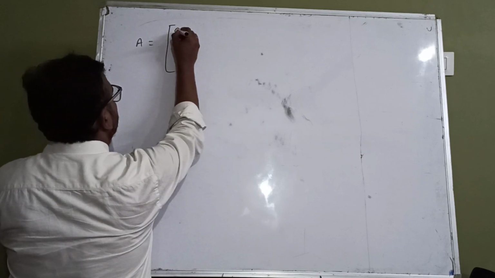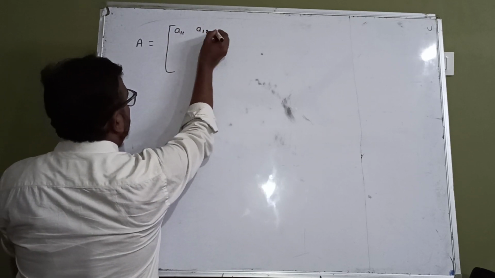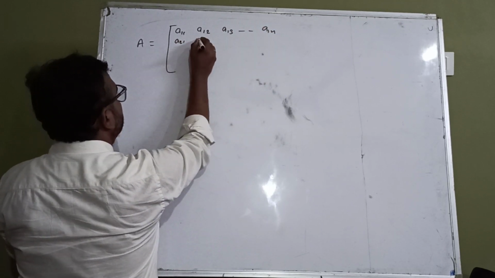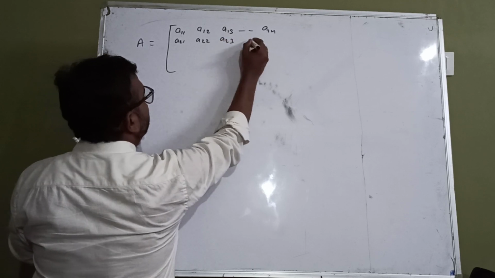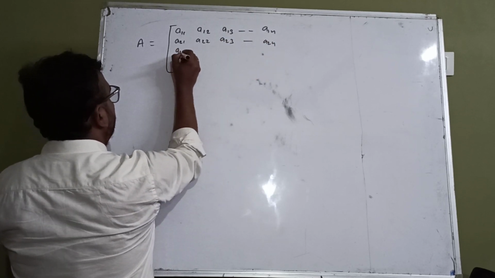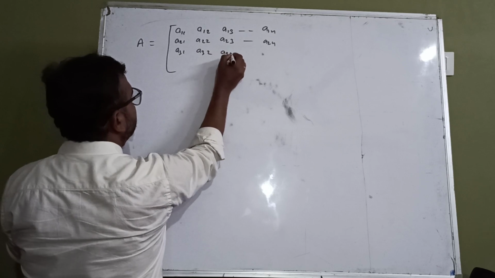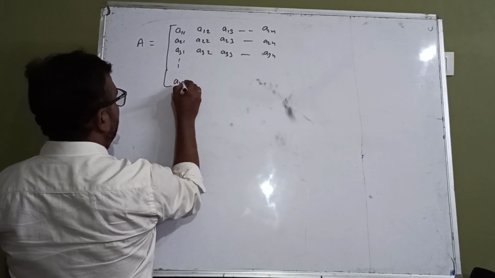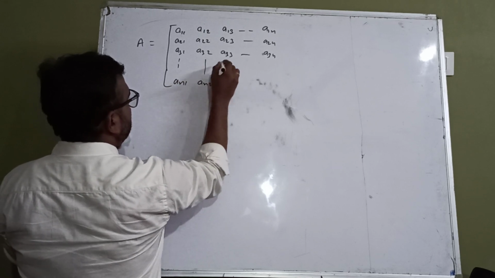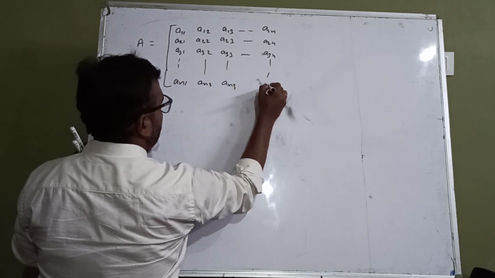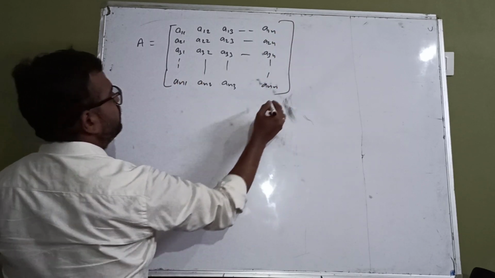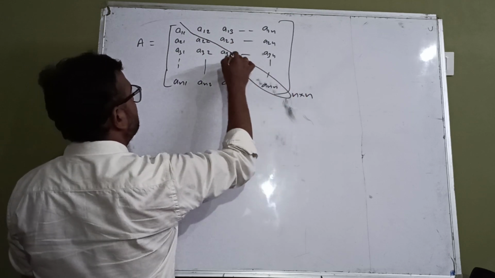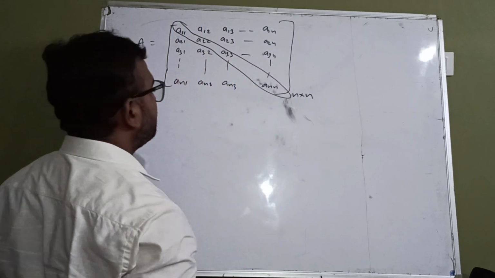Now the important point here: A11, A12, A13, so on to A1n, A21, A22, A23, A2n, A31, A32, A33, A3n, so on to An1, An2, An3 and Ann. This is a square matrix of order n by n, and these are the diagonal elements of the square matrix.